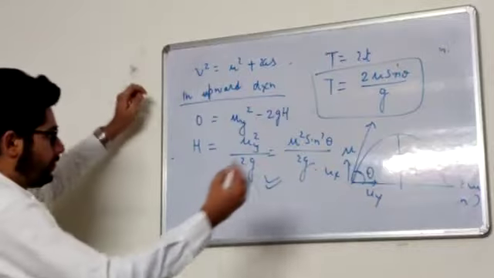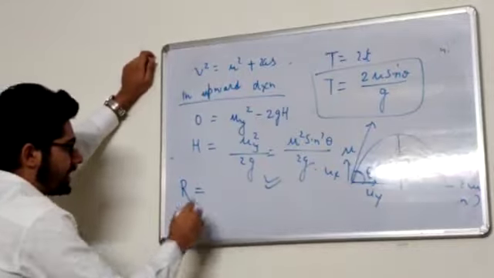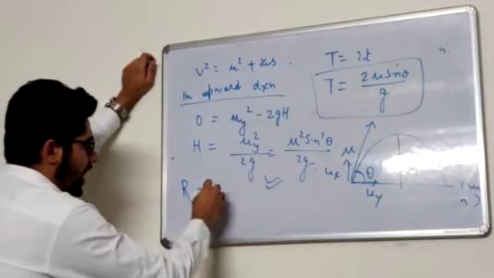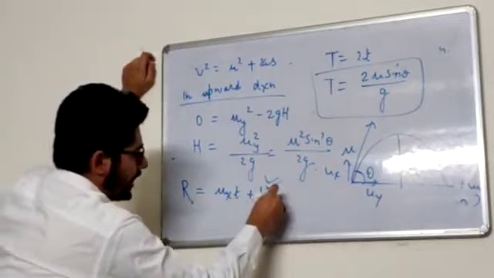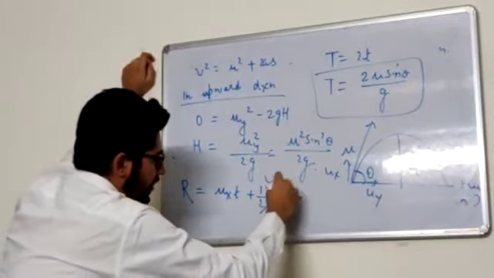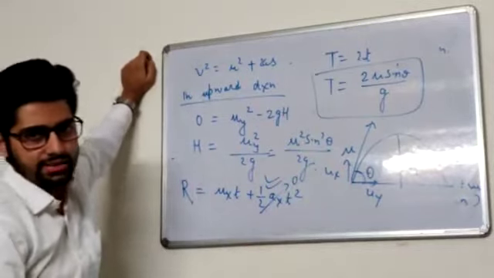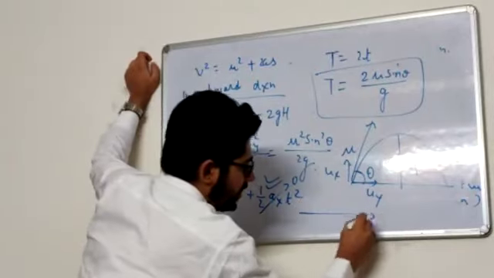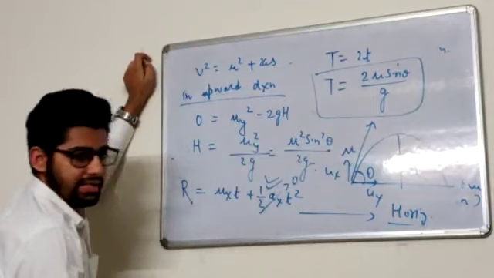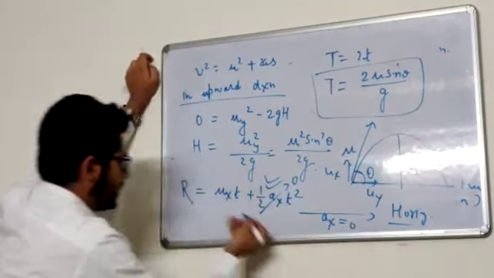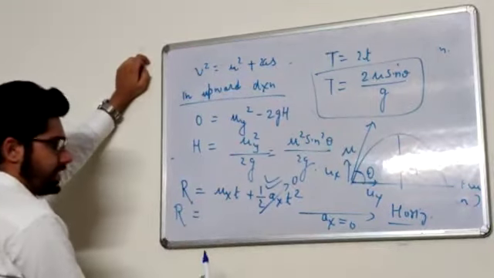And then if we want to calculate the range, range can be calculated simply as r is equal to uxt plus half ax into t square. But ax is 0 because there is no acceleration in the horizontal direction. So basically ax is 0, that means r is equal to ux into t.